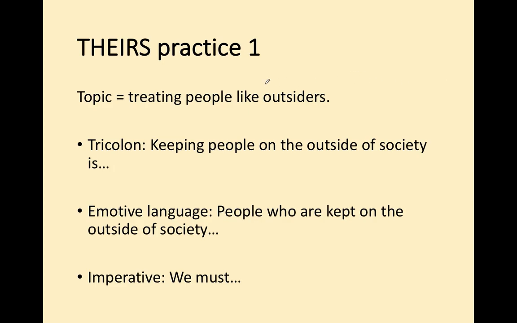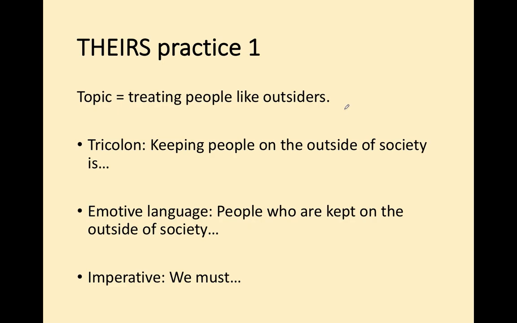So the first topic that I'd ask you to write some DARES techniques about is treating people like outsiders, links to our big questions. So I would like you to begin your tricolon with keeping people on the outside of society is. We need 3 things in a list there. Emotive language, people who are kept on the outside of society. Can you describe them, making us feel a particular way about them, probably sympathetic?